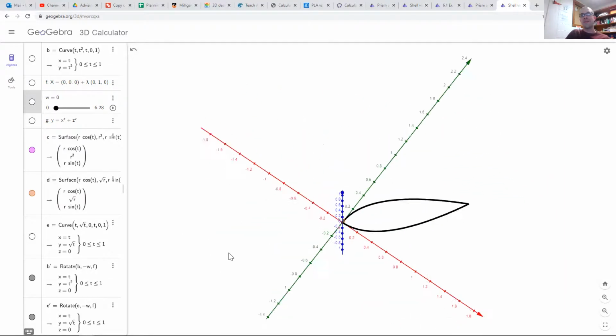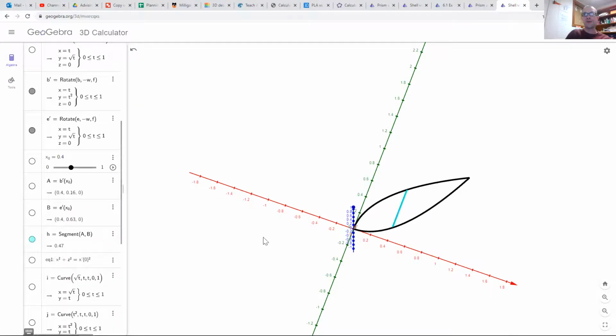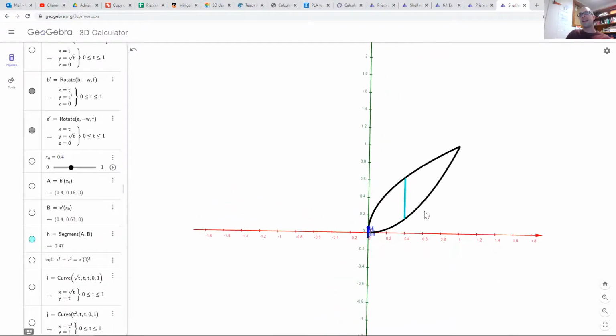Now, let's say we use this one. As we're rotating around the y-axis, if we orient our little rectangle vertically like this, so that the little tiny nudge width is a dx, a little change in x, notice what kind of shape we get.